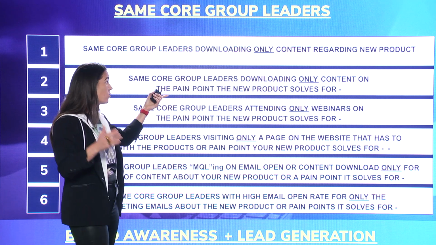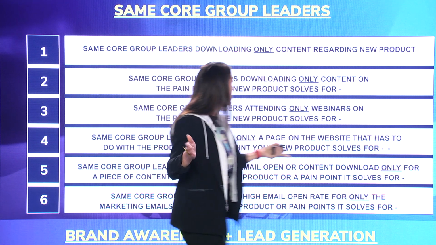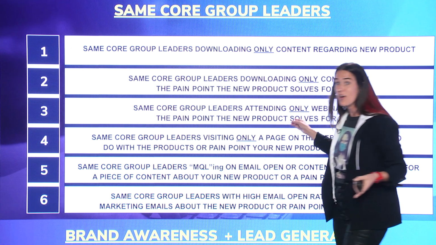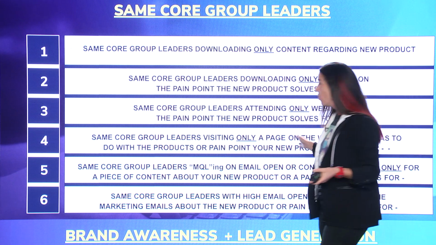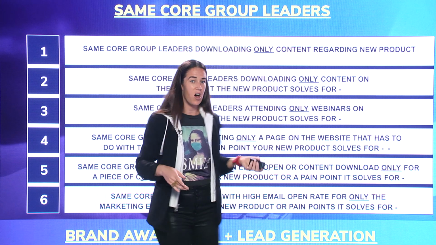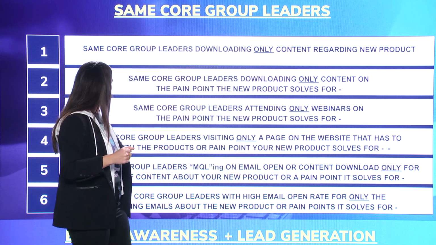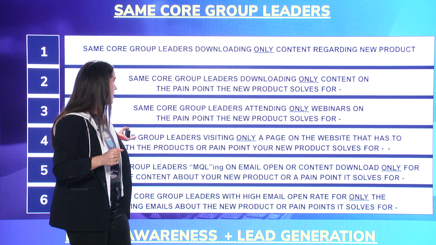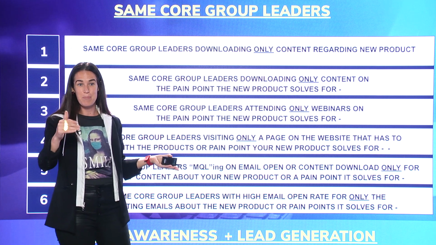Is Luke attending webinars that have to do with the product or the pain point? Is Luke landing on the website page that has to do with that specific product? Or is Luke MQLing on an email open for content for that new product? And the last example here is Luke opening emails for a pain point that product solves for?